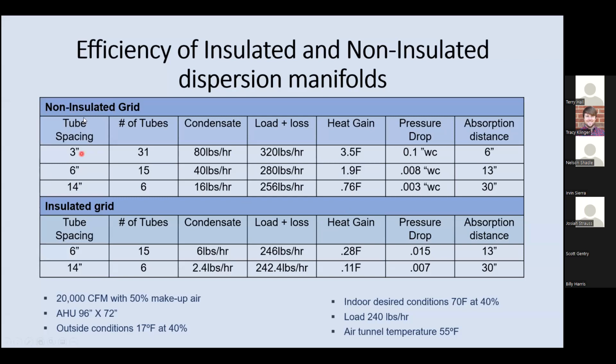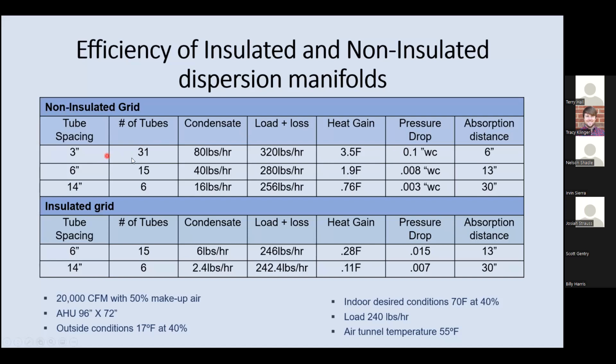And this is why. I have two examples where there's a non-insulated grid up top, insulated grids on the bottom. The humidifier selection criteria are below. We have a load of 240 pounds per hour, very similar to what I had typed up in our selection software a few slides back.